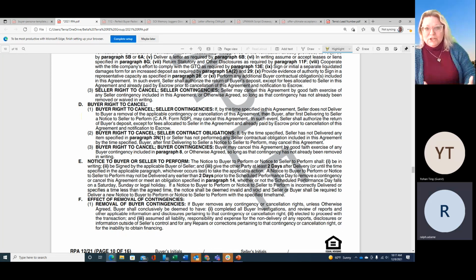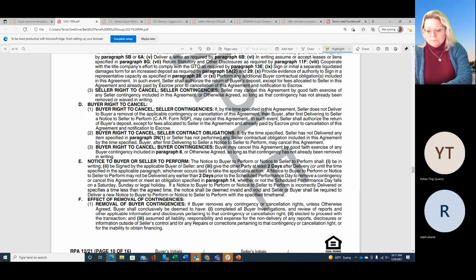It's a document that we can use to get the other side to do what they contractually agreed to. And that also goes for us. So if we receive one of these, it means that we haven't done, or it could be just a reminder that we need to perform one of the obligations of the contract.